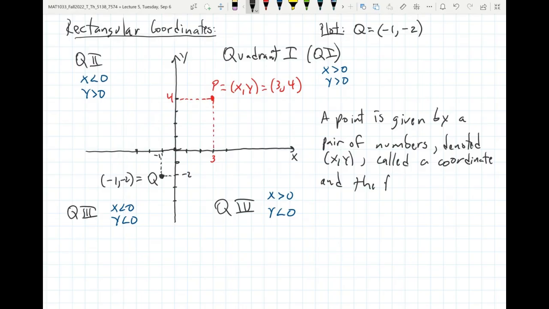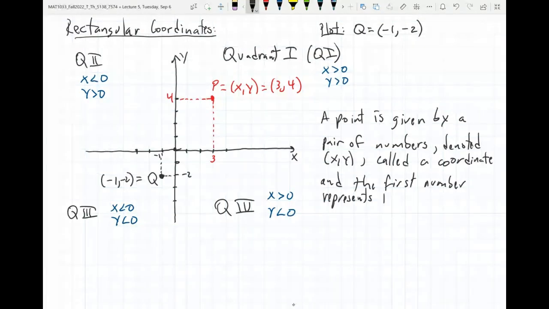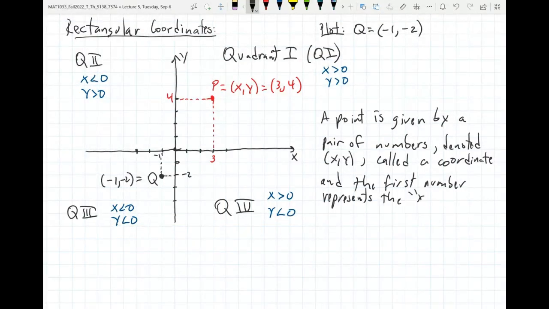And the first number represents the "x" value.